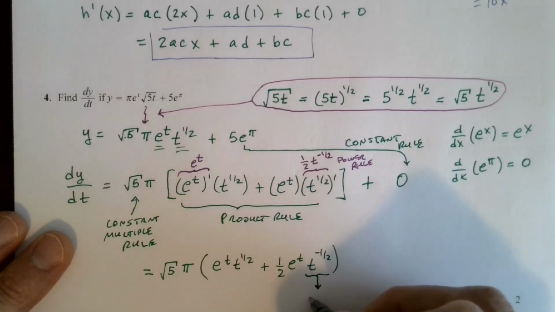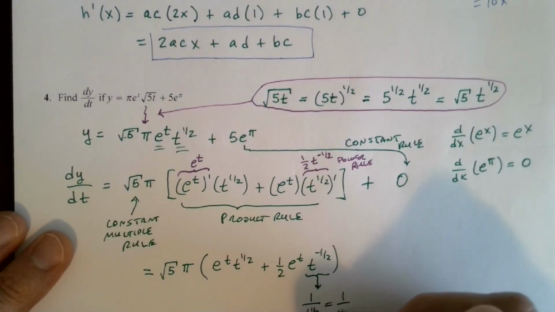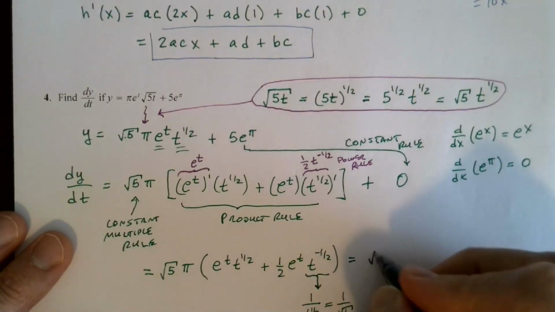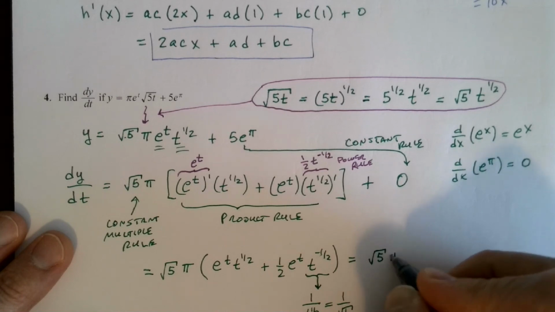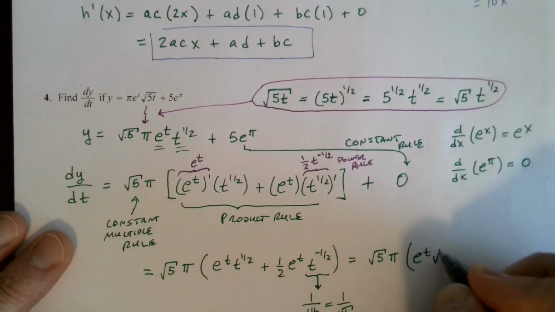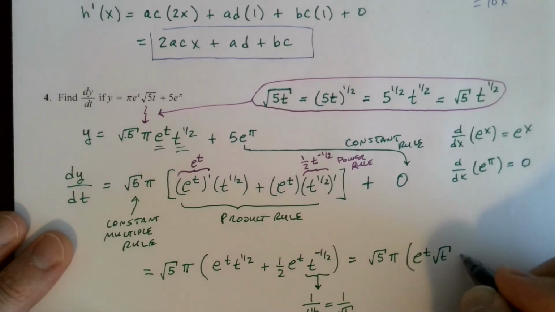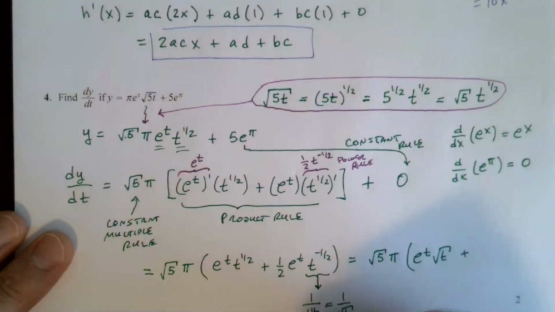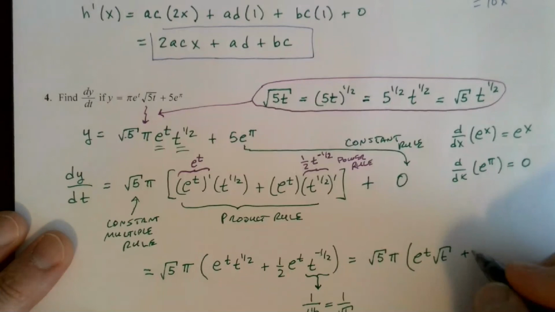T to the negative 1/2, that's 1 divided by t to the 1/2, which is 1 over the square root of t. And so the final form I would write it in is e to the t times the square root of t plus 1/2 e to the t times, this is e to the t up top, the 2 is down here with the square root of t.